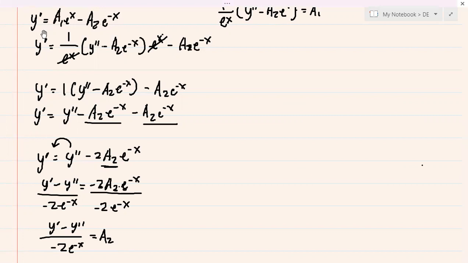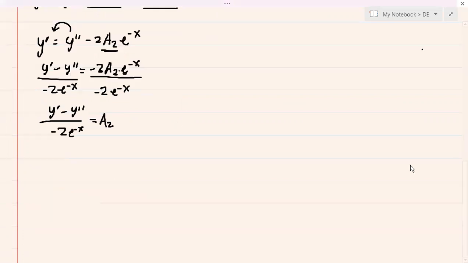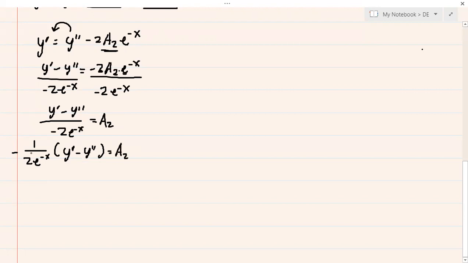And kung ayaw mo nang i-complicate to, kumbaga, you want this to be in simple way, there's no problem. You can rewrite this as negative 1 all over 2 times e raised to negative x times quantity y prime minus y second prime is equal to a sub 2. Then itong si e raised to negative x, pwede mo namang gawing positive by reciprocating.